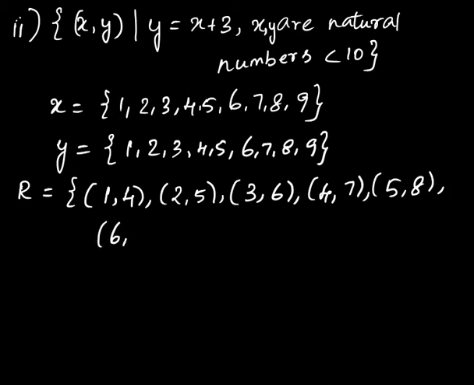And for 6 it's 9. You can't go for 7 because 7 plus 3 is 10 and 10 you don't have. The maximum value you can take is only till 9. So after finding the relation, express the answer in roster form, graph and also the arrow diagram.